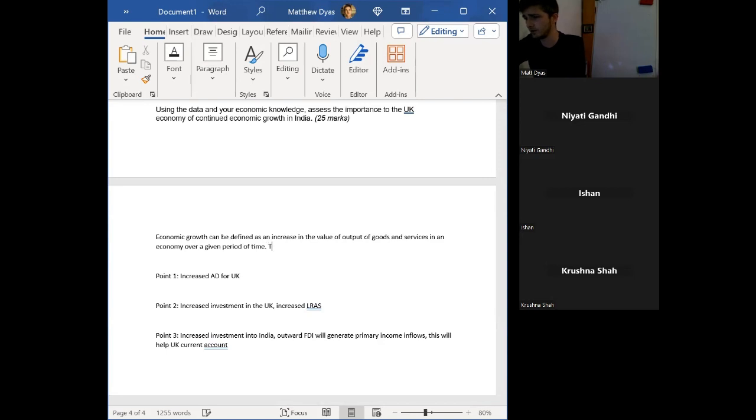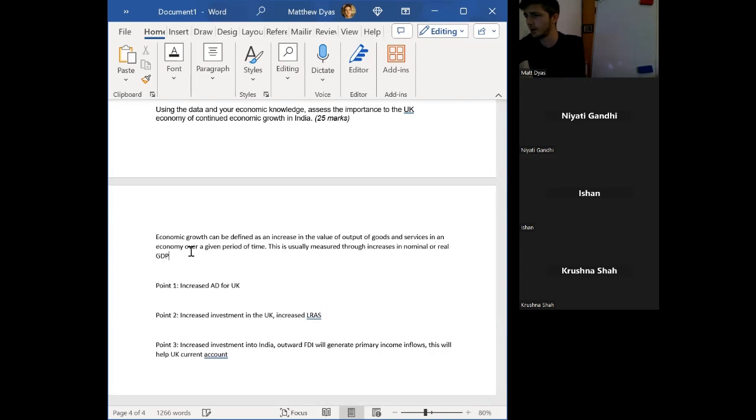This is usually measured through increases in nominal or real GDP, although it can be alternatively measured through GNP or GNI. If you don't know that, that's fine. That's extension material. If you're a star student, hopefully you'd be able to sprinkle in some things that aren't necessarily on the specification every now and then. Okay.